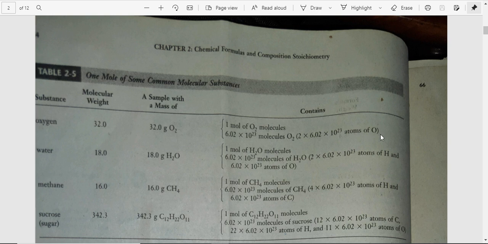Class, you need to multiply by 2. This is only for O2. If you are given O2 and you are asked for O atoms only, this is the unit factor that you will be using.